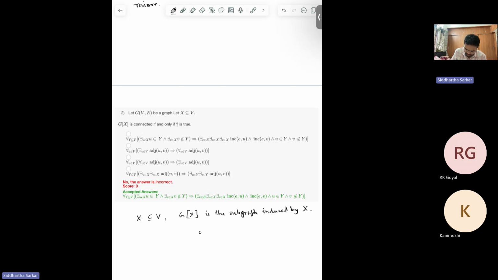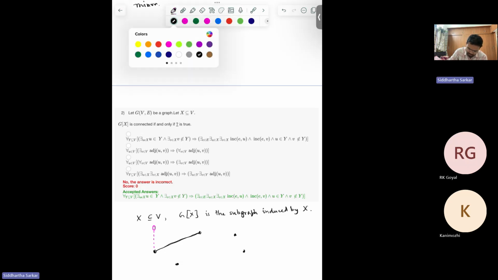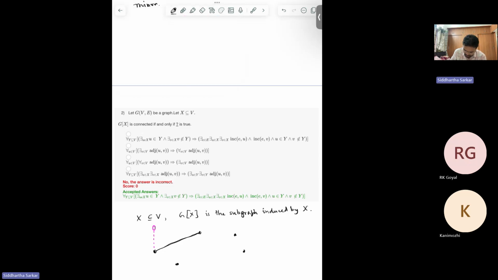If I say this is the set of vertices in X, then I take all the edges whose endpoints are lying in X. So if there is an edge like this, I must take it. But if there is an edge whose one endpoint is in X, other endpoint is not in X, then we don't take it. So the black vertices are assumed to be in X. The remaining ones are not in X.